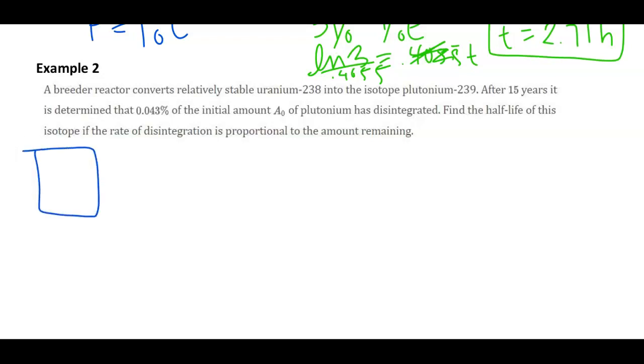15 years. This is your initial amount, A naught. 15 years later, 0.043% has disintegrated.